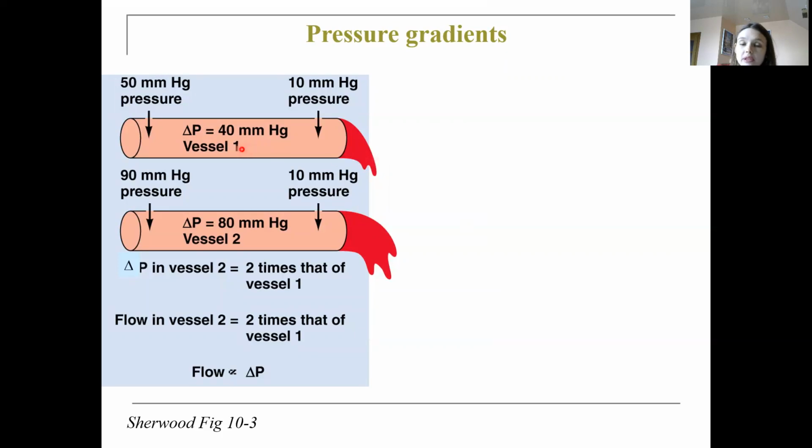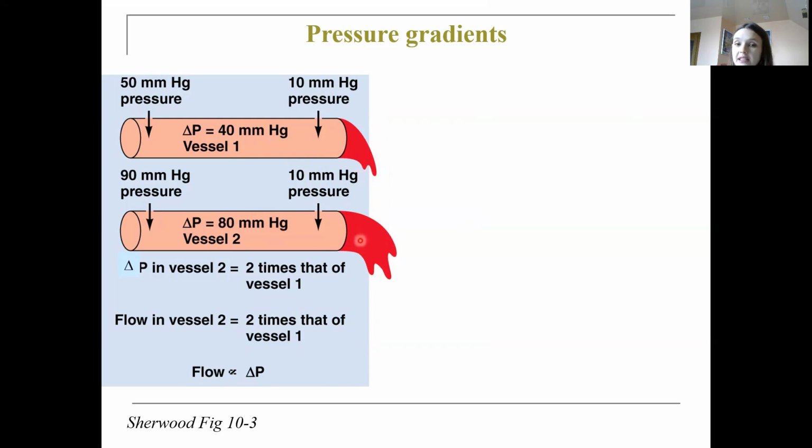But if we compare vessel 1 with vessel 2, you will see that in vessel 2 we have a higher pressure at the beginning, 90, and the same pressure at the end, 10 millimeters of mercury. So in this vessel, the difference of pressure will be 80 millimeters of mercury, and you could compare the different types of blood flow.